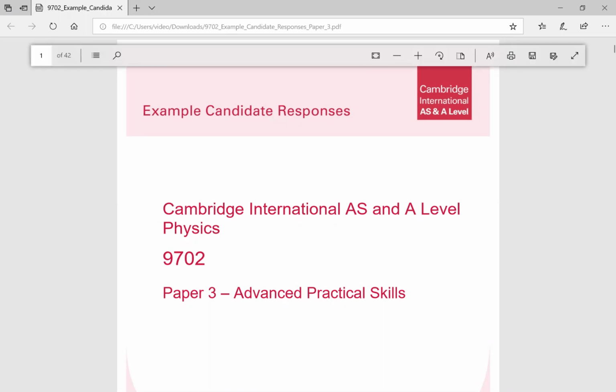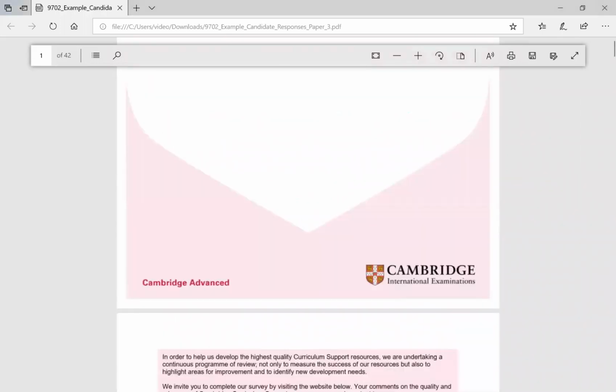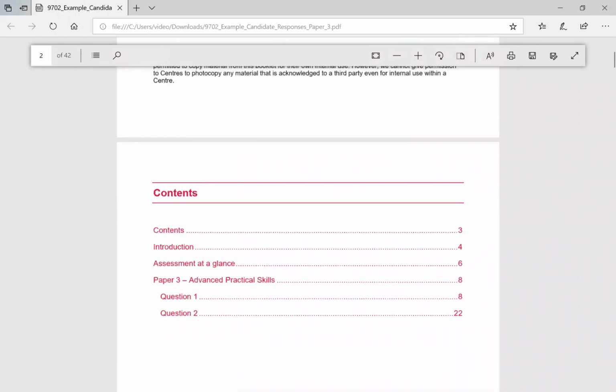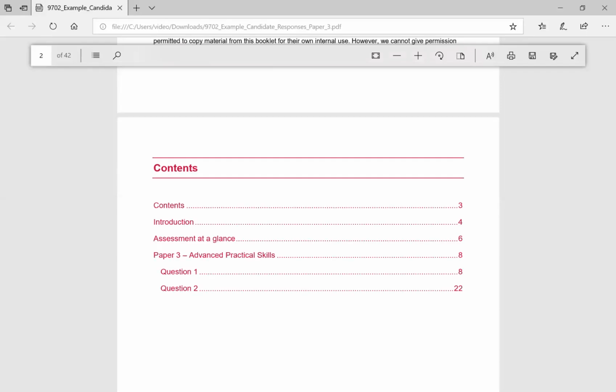So we're going to go over certain aspects of paper 3, and if in between you have any question, I'll be open for that. As far as paper 3 is concerned, very simply, you have two questions.